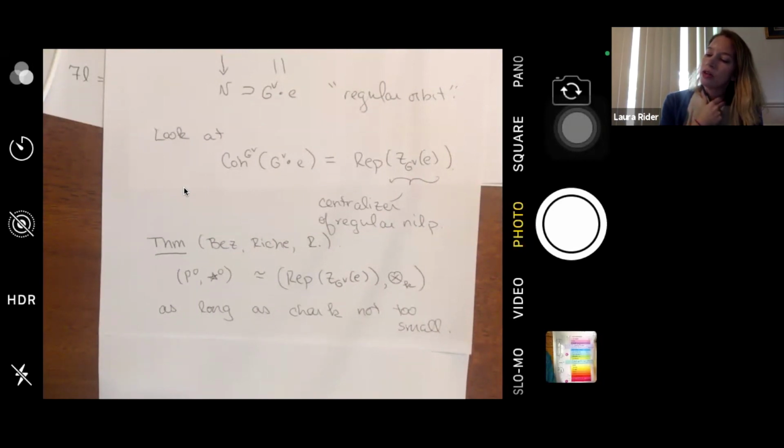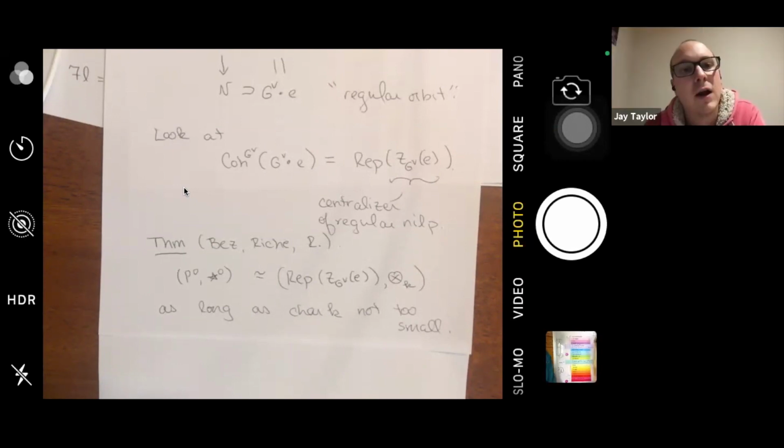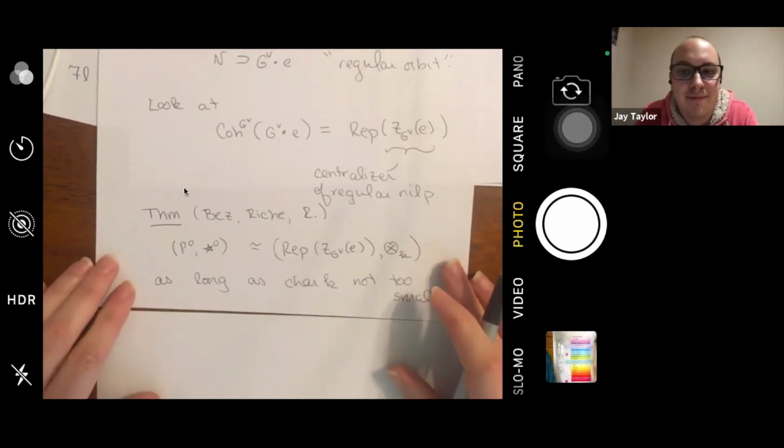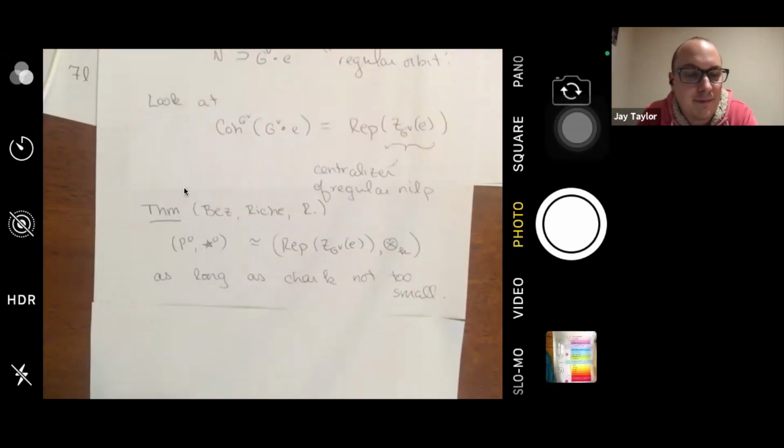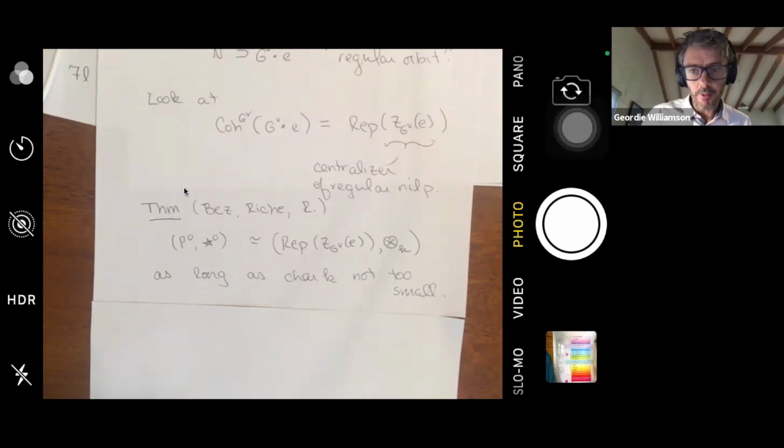For the coherent sheaves, you could decompose the category according to the central characters. That would correspond to the different connected components. Oh, right. Okay. You can still just decompose the left-hand side with central characters. Okay. Thanks. And there's one more question from, sorry.